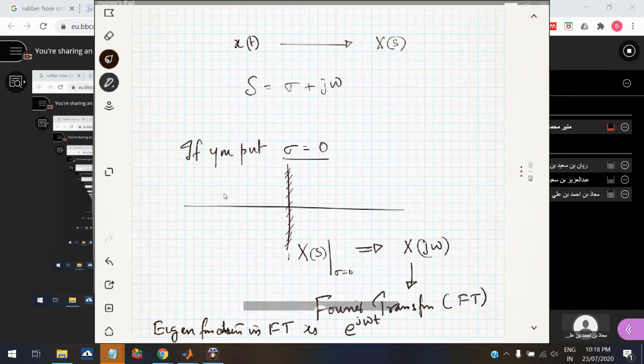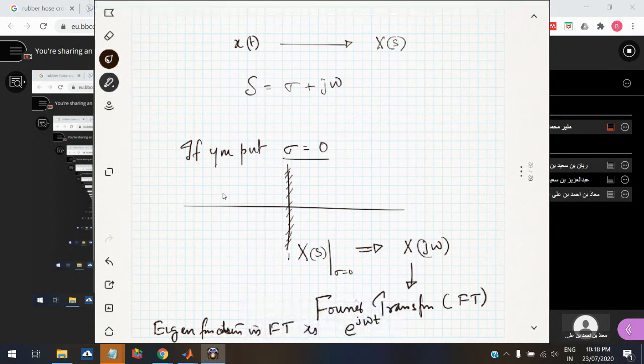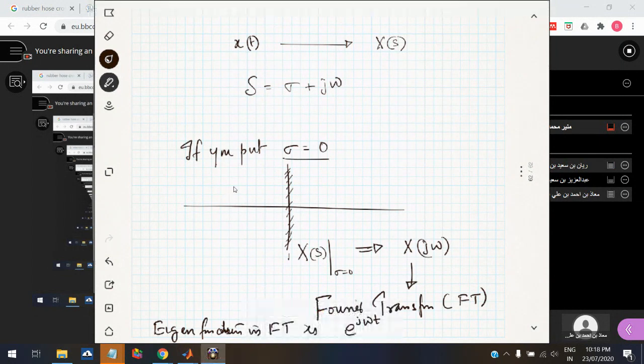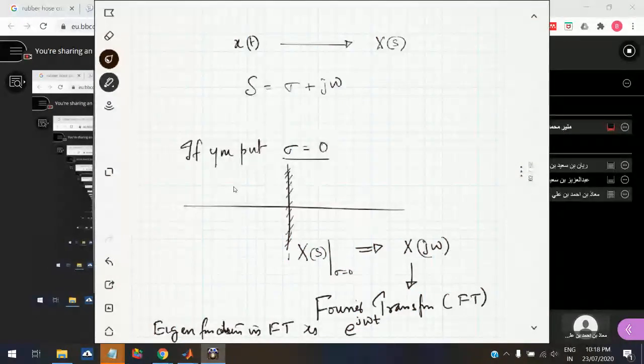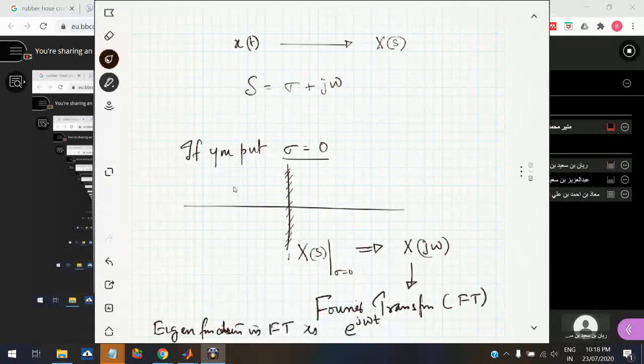Yes, the scientist Laplace made the Laplace transform, and Fourier made the Fourier transform. These are all names of scientists. It was made in 1800, Fourier made the Fourier transform around 1840 or something like that. But nobody knew what its use was.